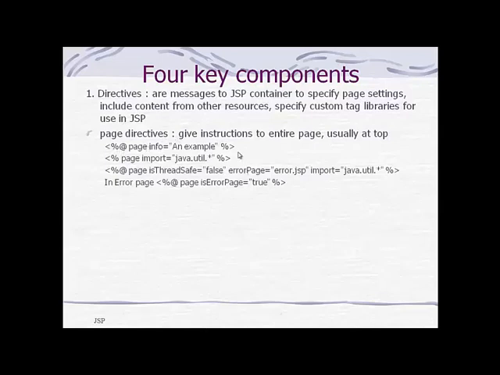Less than percentage, you have to close with percentage greater than, this we know already. At the rate page means it's a page directive. Info equal to, an example, just rewrote something. Import equal to java.util.star. You want to import some classes, where do you write it? Write like this. So it gives a message to the JSP container to specify something.